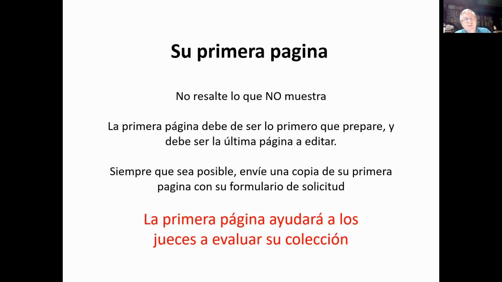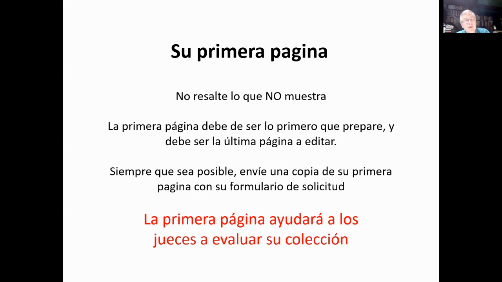Another really basic thing, and this is something even at national shows here where it's a very easy thing to do: many exhibitors do not submit a copy of their title page with the application form. This is only to help you. The sooner the judges get at least a preliminary title page, the sooner they can start researching the subject, they can start doing their preparation.